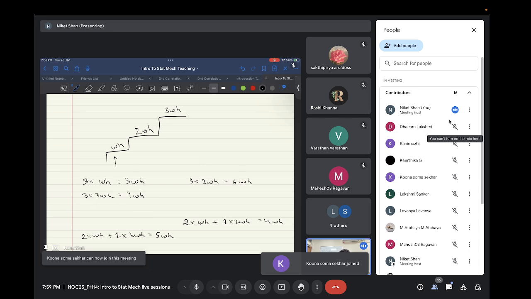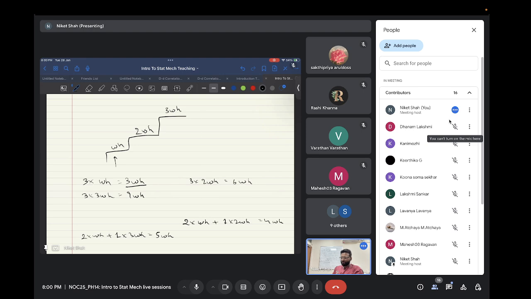The first possibility is that all three people are on the first staircase, WH. So the total potential energy will become 3WH. Then the next possibility is everyone on the second staircase, so that is 3 into 2WH, which gives me 6WH. Then all three people on the third one gives me 9WH.